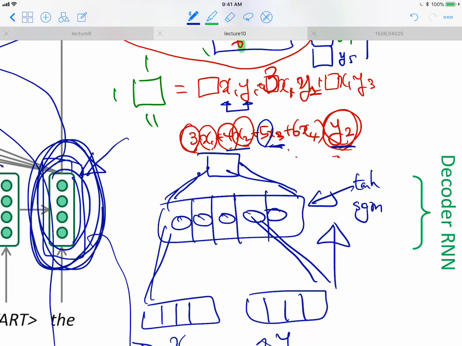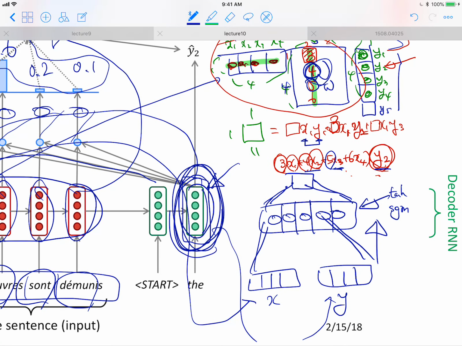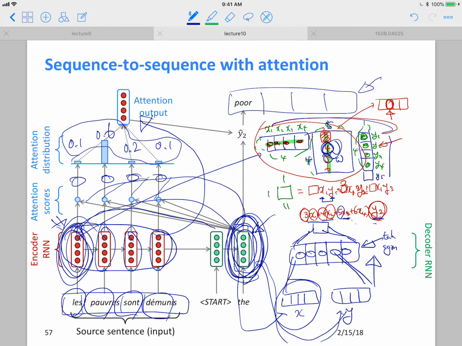This guy is fixed, but this guy is replaced by each of these four different vectors, and thus we have 4 different scalar values, right? And those scalar values will be further given to the softmax layer so that we can generate this probability distribution.